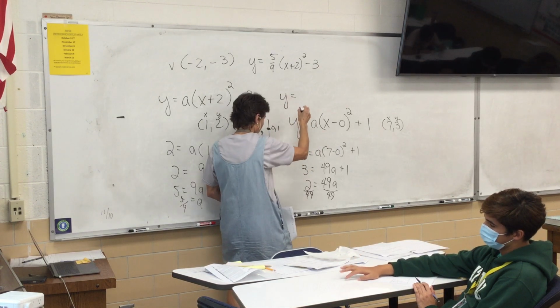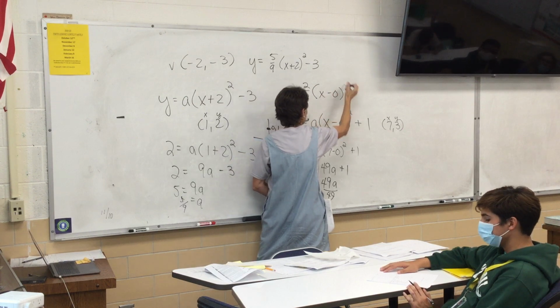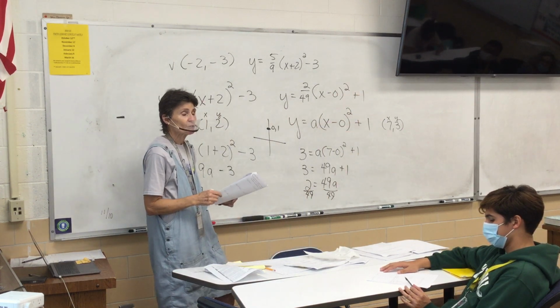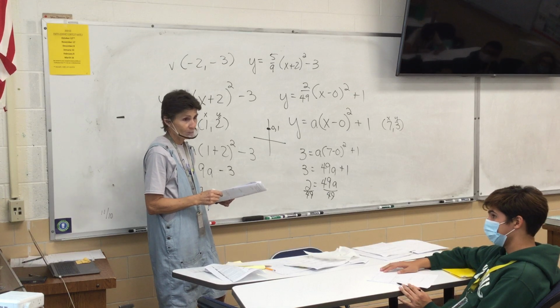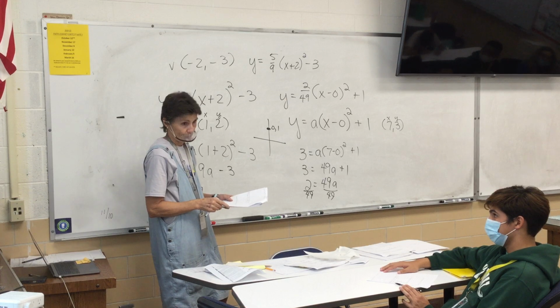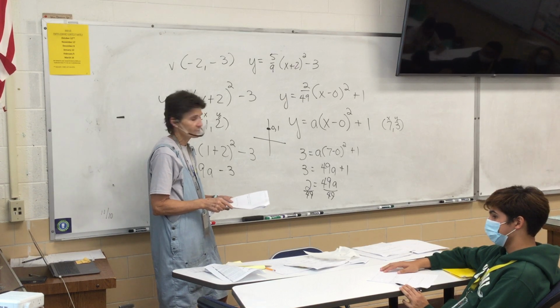So y equals 2 49ths, x minus 0 squared plus 1. You don't have to do anything with that fraction except put it back into the equation. If you get one where you can simplify the fraction, you can simplify it. Always.